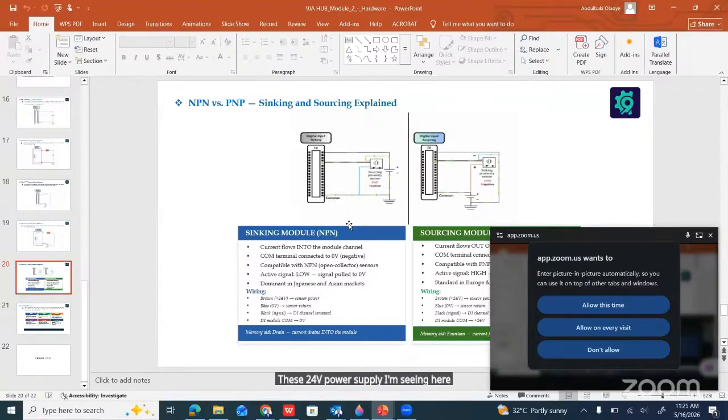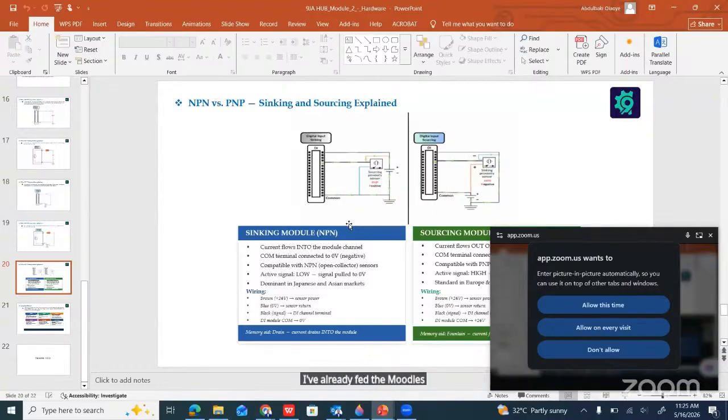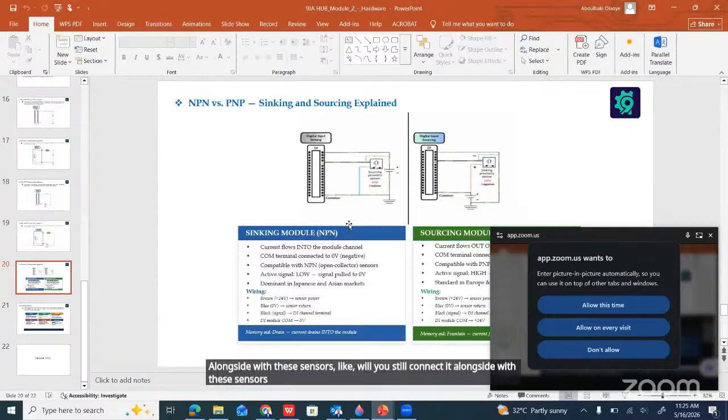Will you connect it directly into the common, and after you've fed the modules with 24 volts, would you still connect this 24 volts alongside with these sensors' connection?